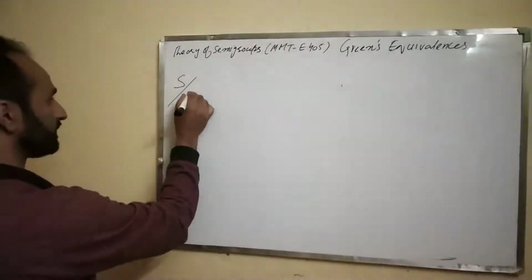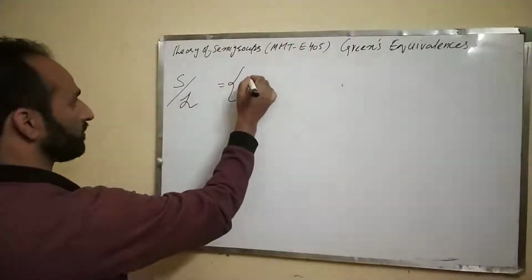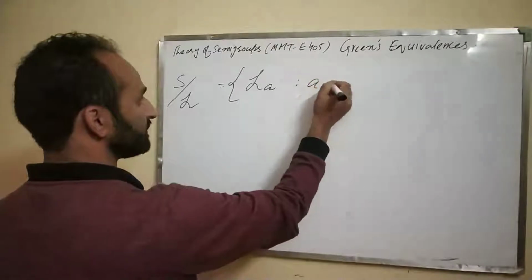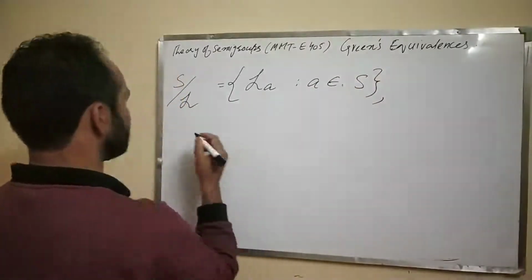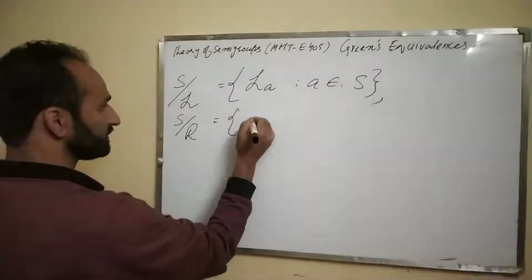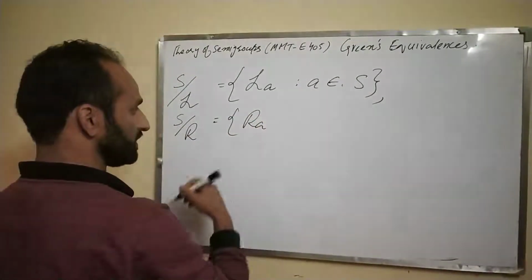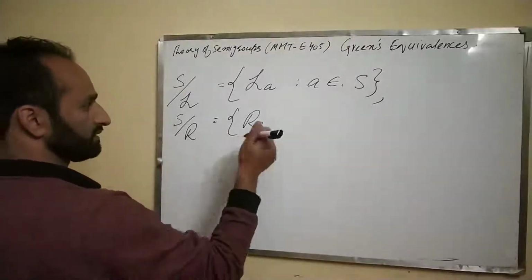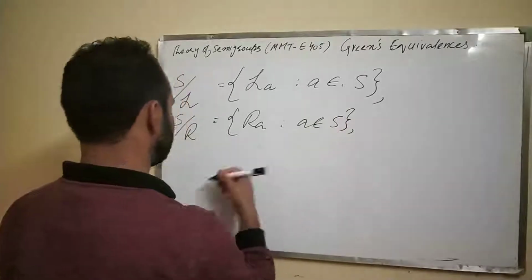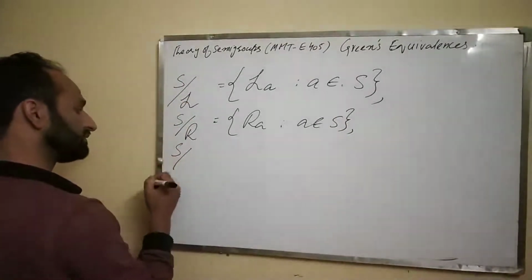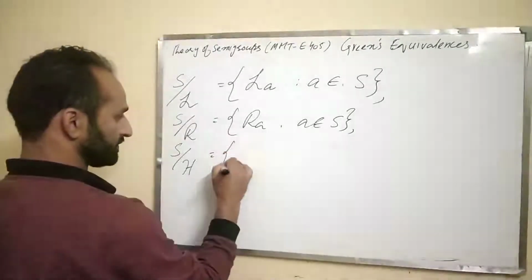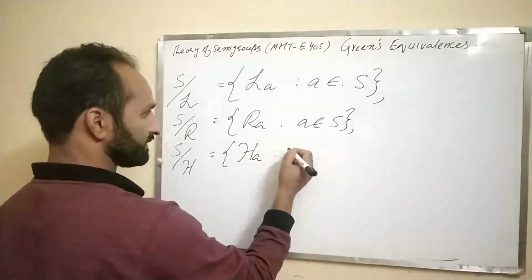Say S over L is the set of all equivalence classes generated by this relation, L_a, a belongs to S, and we have S over R, which is equal to the equivalence classes generated by this relation R, and we have another set, let's say H, which is equal to the H classes.